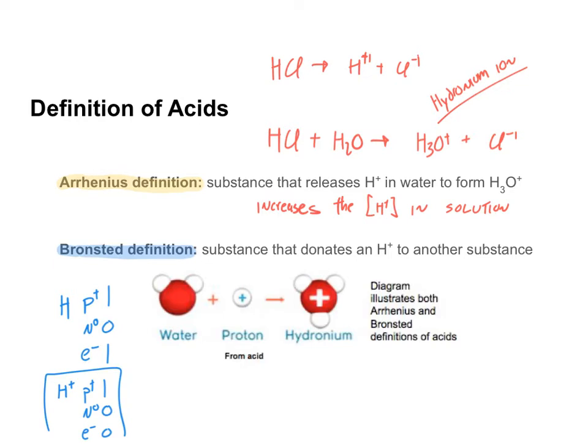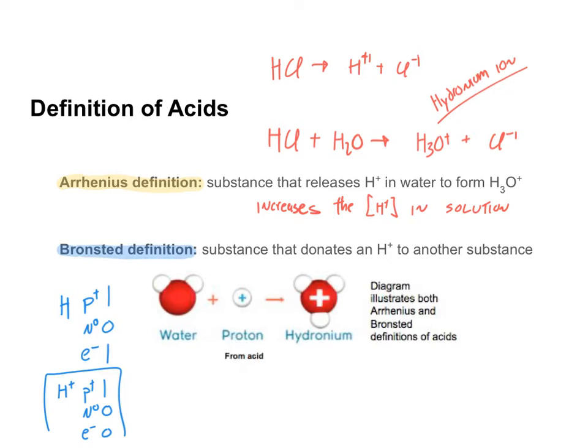So in this case, water, the example, plus the proton from whatever acid we're talking about, makes the hydronium ion. And in this particular situation, the Arrhenius definition and the Bronsted-Lowry definition appear to be the same thing. They're both centering around hydrogen.